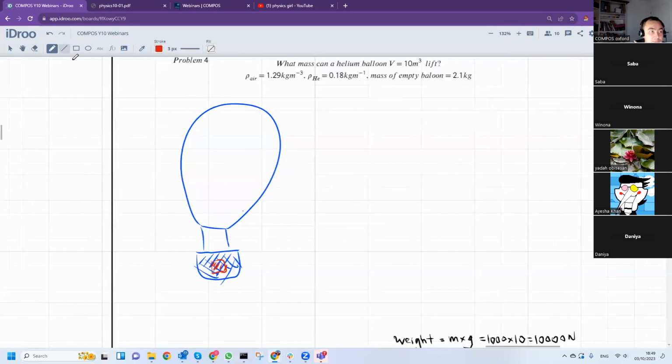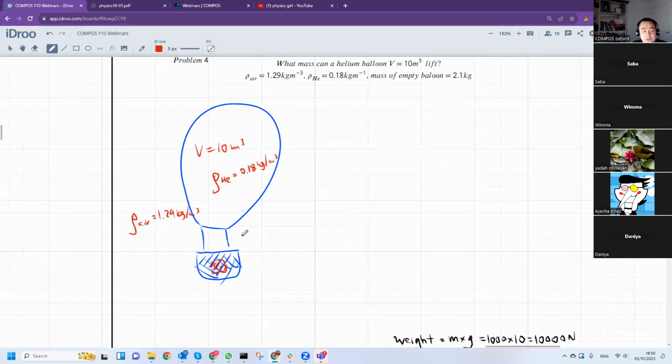So we know that the volume of the balloon is 10 cubic meters. The density of the air is 1.29 kilograms per cubic meter. The density of helium is 0.18 kilograms per cubic meter.